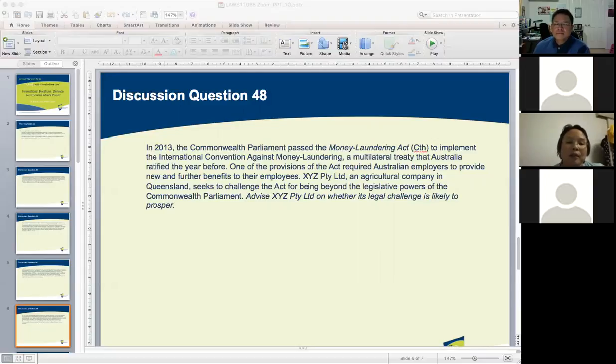And the provision that requires employers to provide new and further benefits to the employees does not appear to have anything to do with money laundering or the purpose of the treaty, and thus can be challenged on the grounds that the provisions are inappropriate and not adapted to the ends of the treaty. So you're saying that this specific law would be invalid? Okay. What do others think?